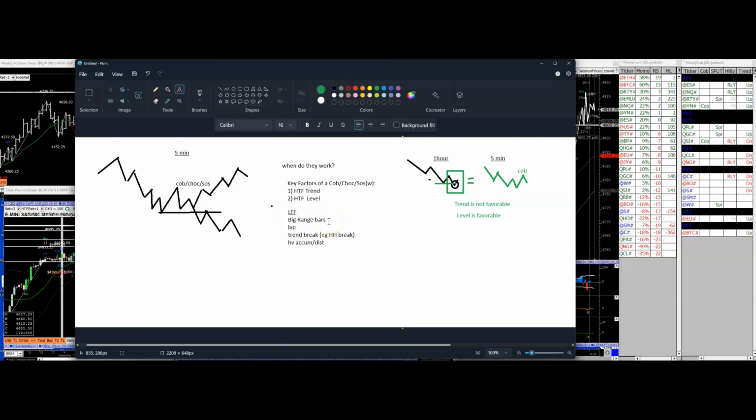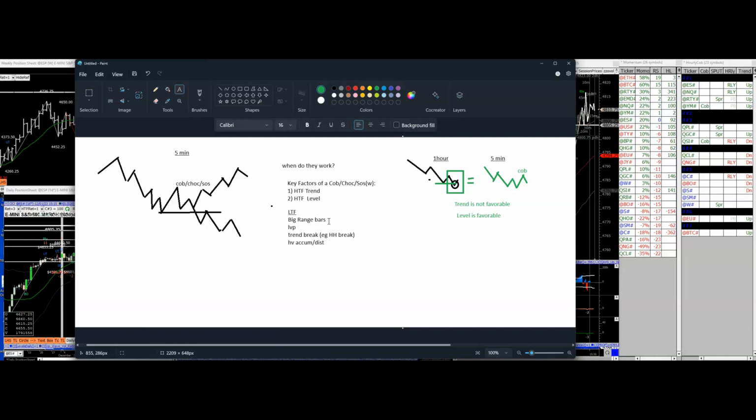Now, they're called ease of movement or something, but big range bars. The bar range has to be big. Why? It is aggressive buying. It's saying that demand is taking overhead supply. It's just buy, buy, buy. You need that aggressive buying.